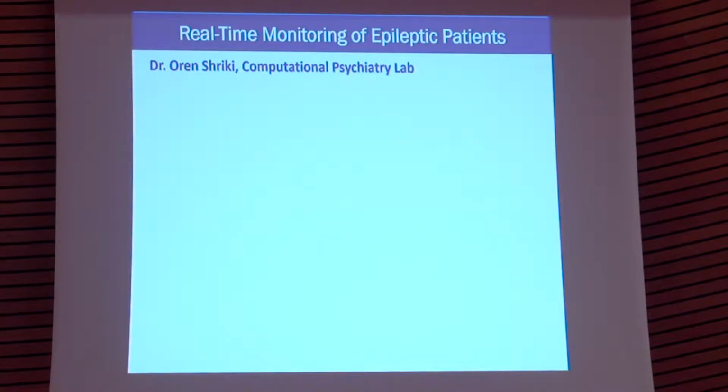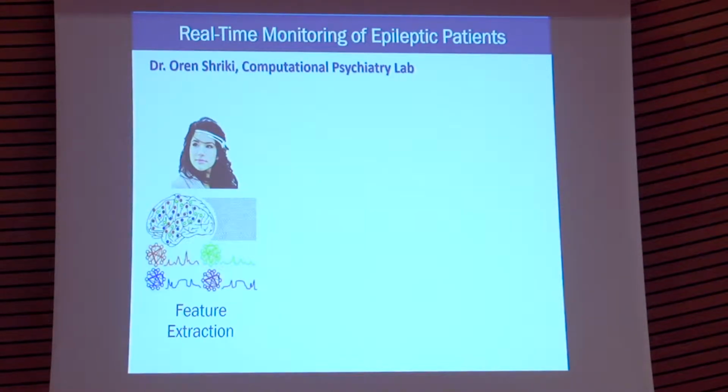A little bit about things in my lab. So my lab combines theoretical and experimental work. So we collect our data and we also do the machine learning and data science part. For example, we have a project where we try to develop a system for monitoring epileptic patients and predict seizures. So the idea is to put some kind of a portable hardware on patients, what we call dry EEG, electrodes that do not require the conducting gel.